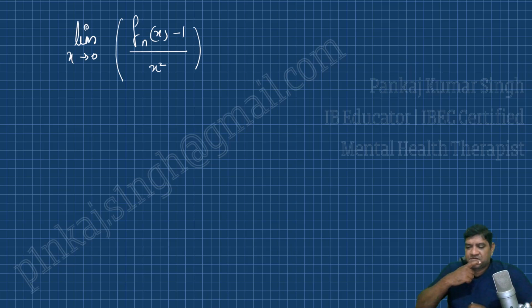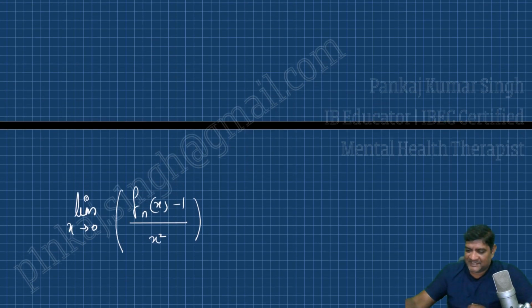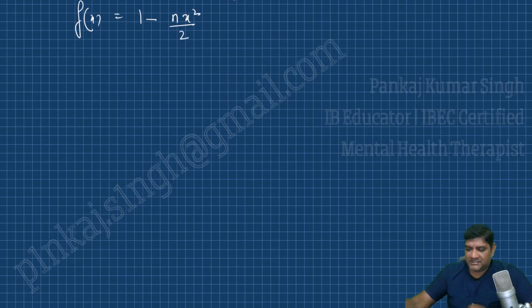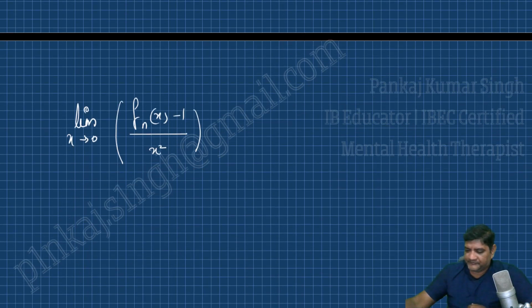Okay, so when I substitute the value x is equal to 0, obviously the denominator is going to be a 0, so I won't be able to find the limit of this particular function. So I can go with L'Hopital's rule, or I can use what I have here, the Maclaurin series expansion till the power of 2, and then I can probably find the limit. I think that's what I'm going to do.